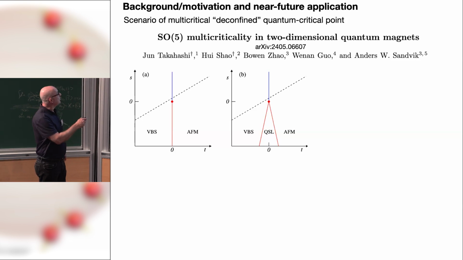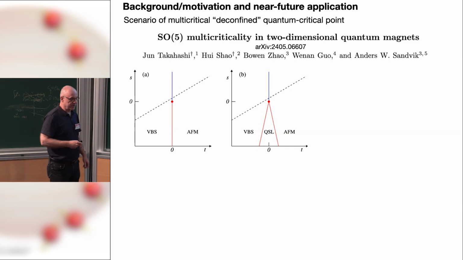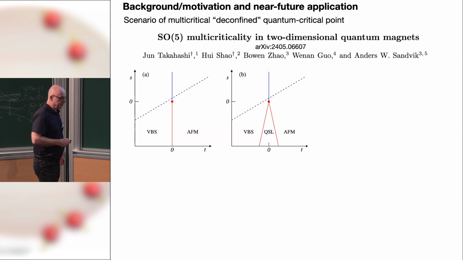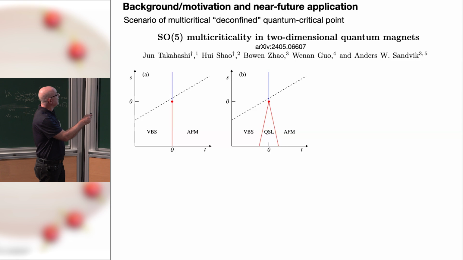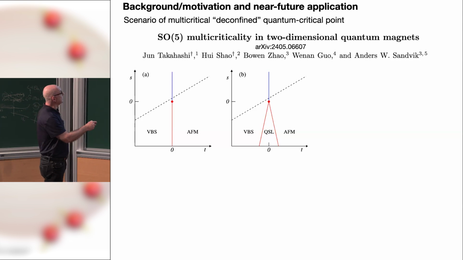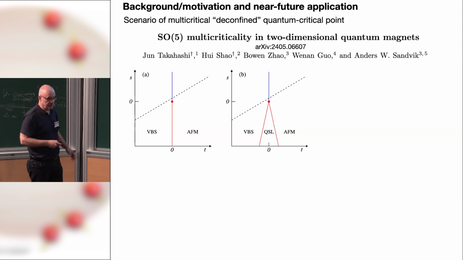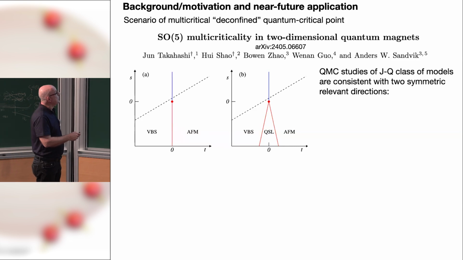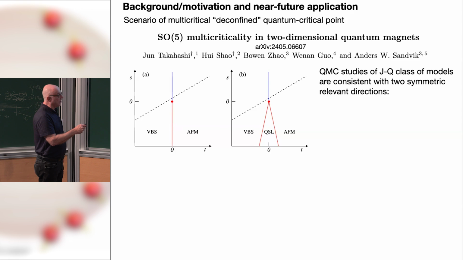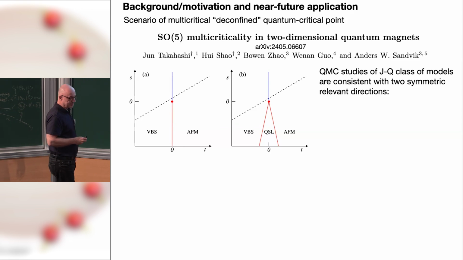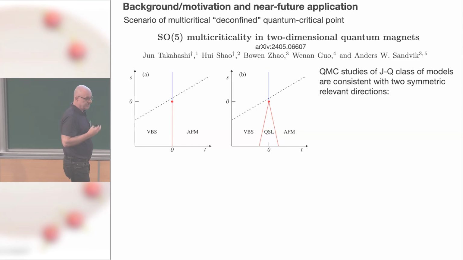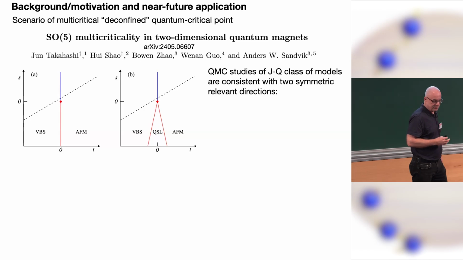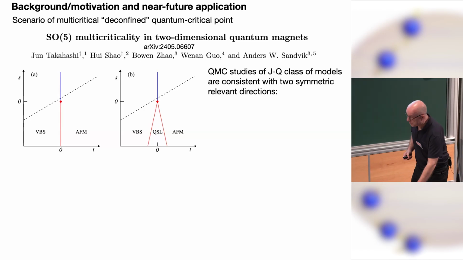Anyway, in our models that we study with quantum Monte Carlo, we can so far not touch the critical point. We go very close to it, so tuning one parameter in our model corresponds to going along a line like that. And it seems we get so close to that point that even if the transition is first order, we can actually compute the scaling dimensions of the underlying theory.